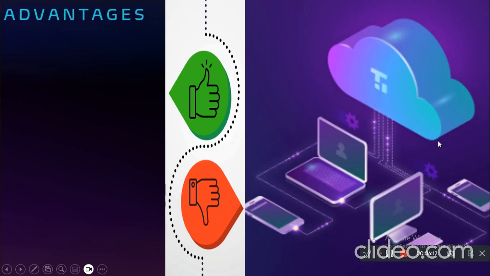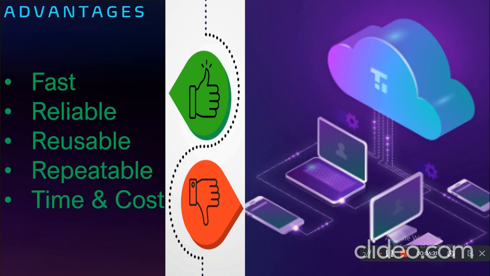Next, we'll see the advantages and disadvantages of automation testing. Every automation tool has some advantages and disadvantages, and some limitations. Generally, we'll see the advantages and disadvantages of automation testing.